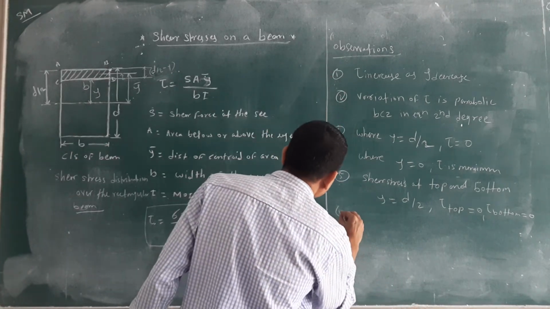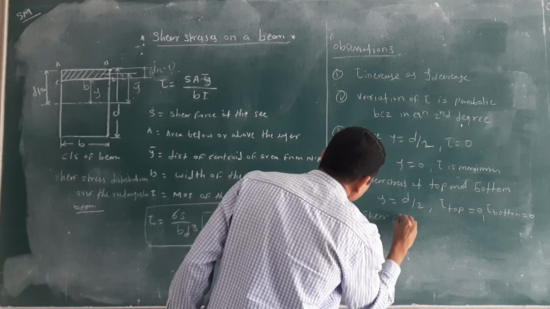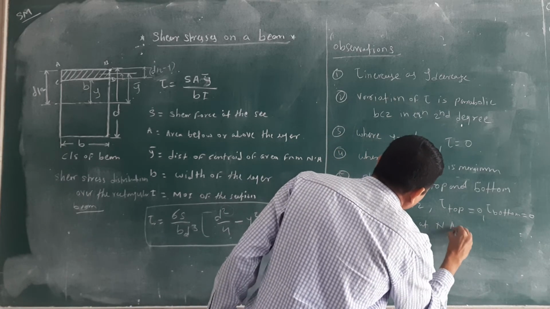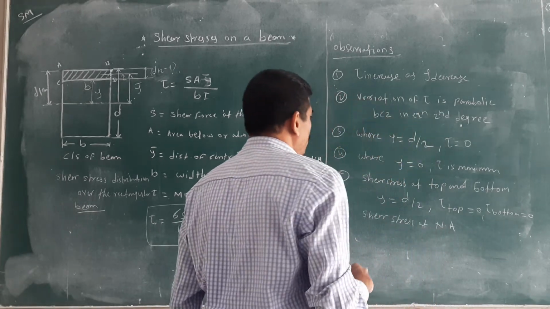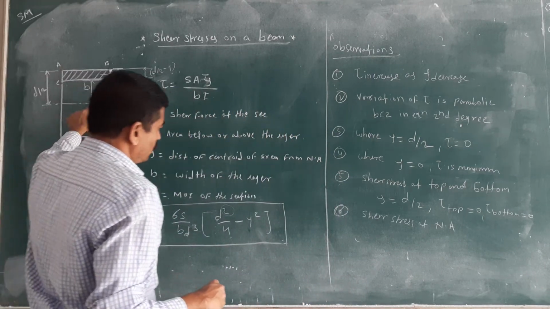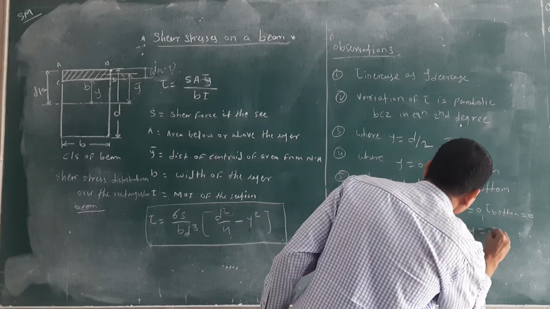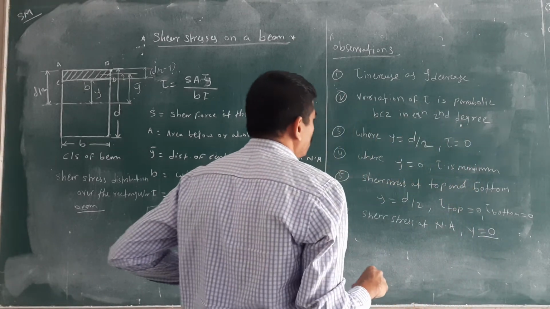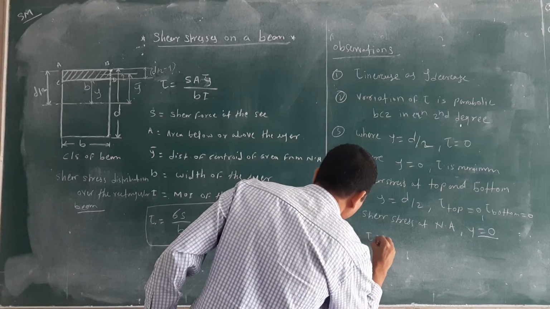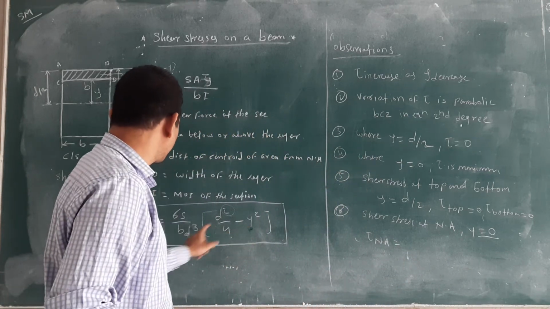Then in a similar way, the shear stress at the neutral axis. What is the value of y? At the neutral axis, y is 0. Then you have to put y equal to 0. Tau at the neutral axis, y equal to 0.